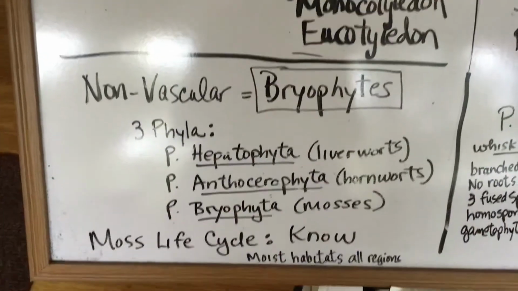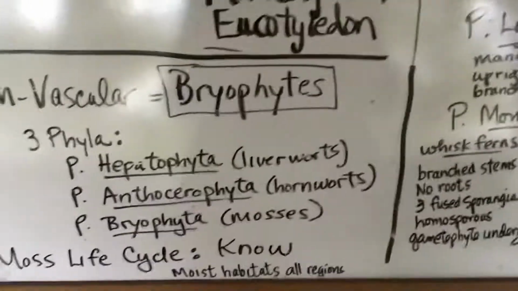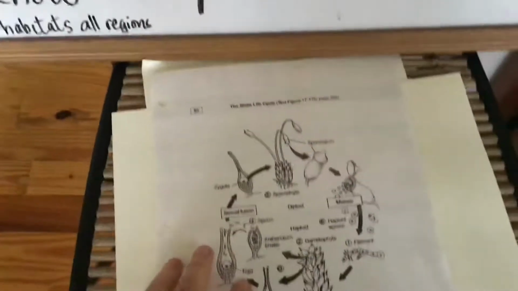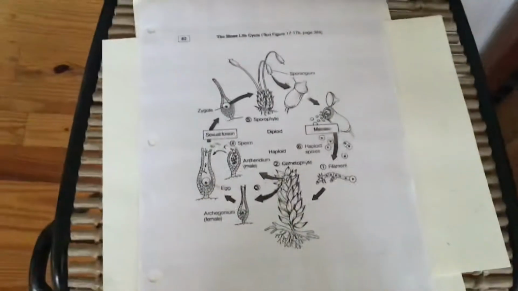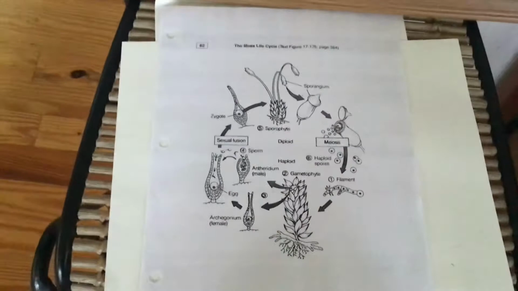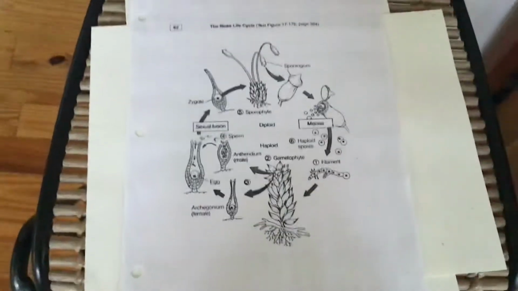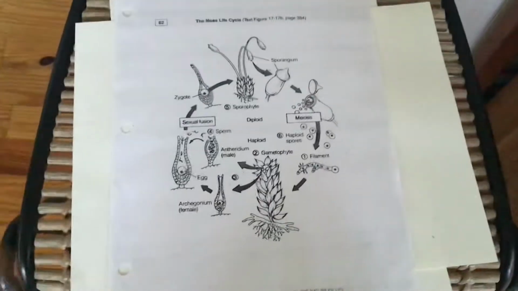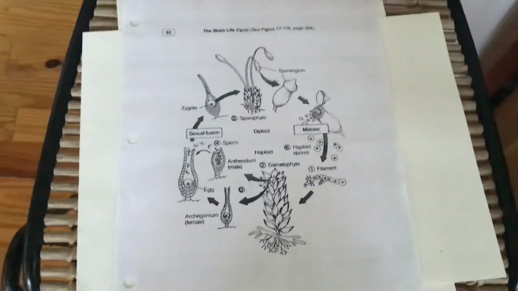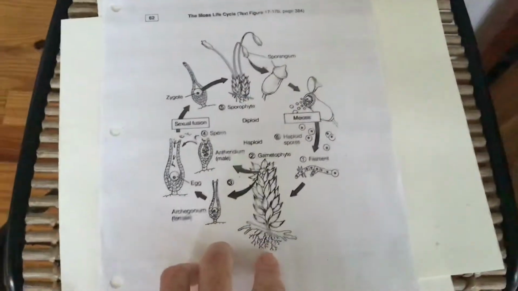And one of the things about mosses that you should know, besides their life cycle, which we're going to go over, is the fact that they are just about 2 cell layers thick. All parts of their life cycle are only about 2 cell layers thick. So they live in moist environments, and they can live in a lot of different moist environments, by the way, with a lot of different temperatures, etc. And they do not have true roots, even though this is showing some root-like structures.